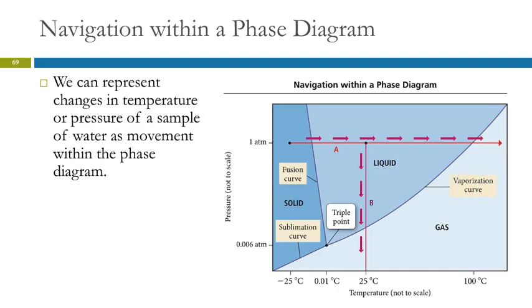This is what we were looking at with the water when we were calculating the amount of energy. As we increase the temperature, we've got a solid, we get to a point where it melts. Now we have a liquid, we increase the temperature, it remains a liquid until we get up to the boiling point, and then it transitions into a gas.